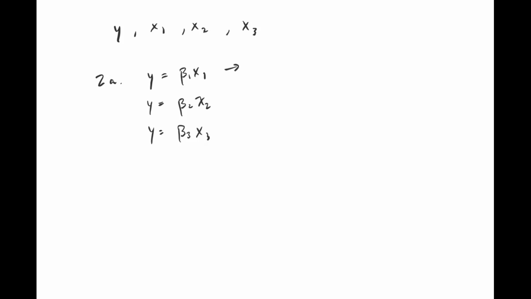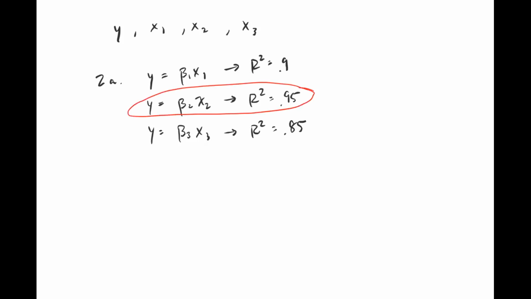And then we'll take a look at the R squared. Let's say R squared equals 0.9, 0.95, and 0.85. So then you select this model.